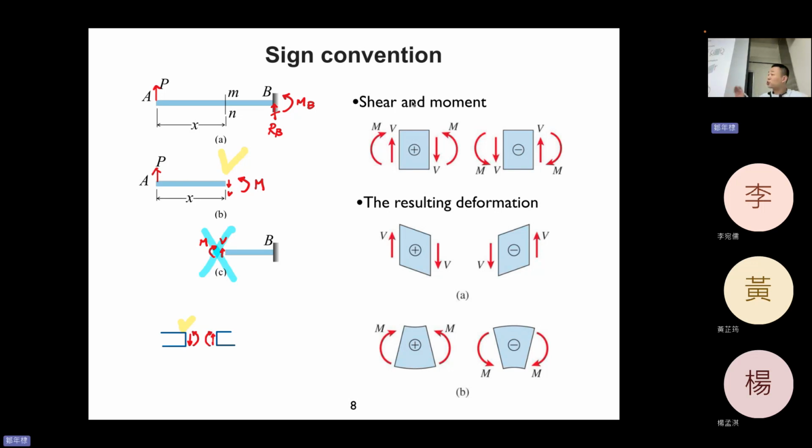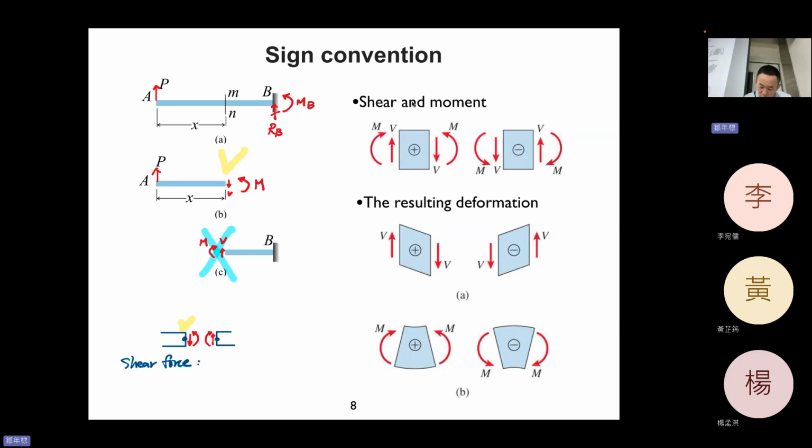Okay, and we choose the left hand side. And the shear force. Okay, actually, these two blue dots are the same point. They are the same point. We just imaginarily cut it and separate them.